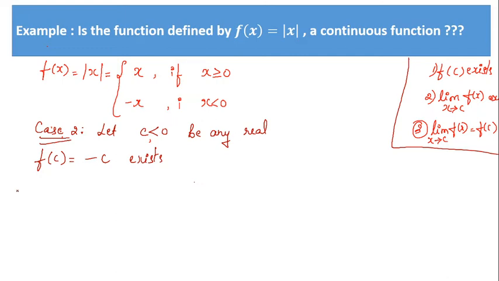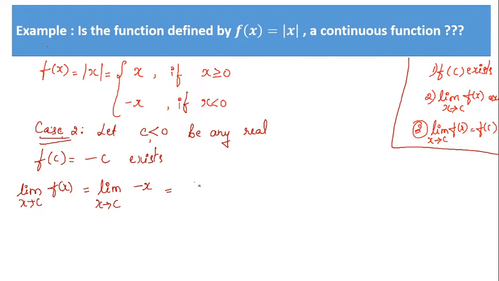Next, what we have to do? We have to go for the second condition. So what is the second condition? Does limit of f of x as x tends to c exist or not? Here you can see, since c is less than 0, how we define f of x? If x is less than 0, f of x is minus x. So in place of f of x, you have to replace it by minus x, as x tends to c.